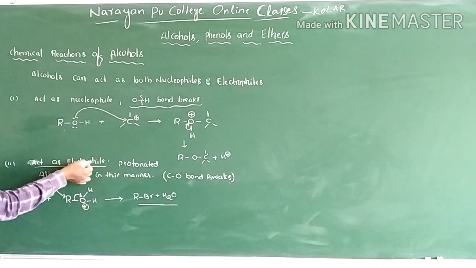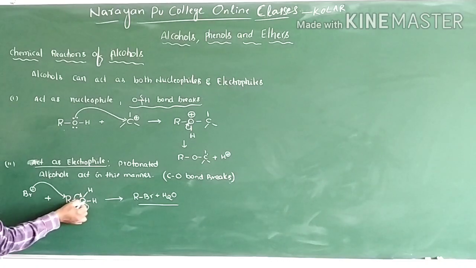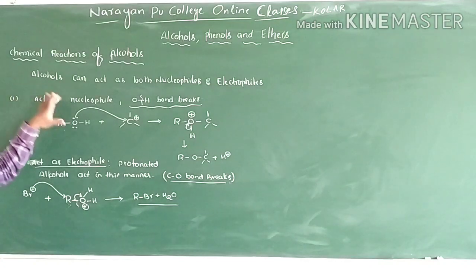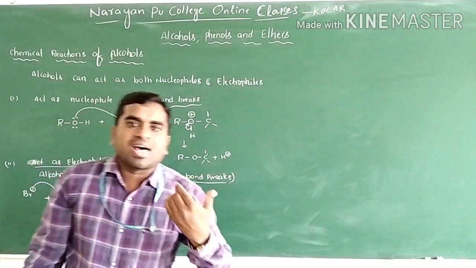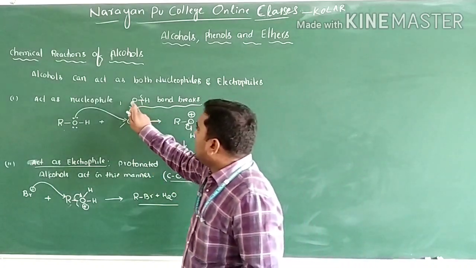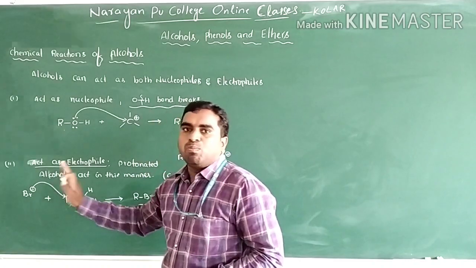So when it acts as an electrophile, the carbon and oxygen bond is breaking. So mainly when alcohols are involved in reactions, two bonds will break: one is the OH bond of the alcohol, another one is the CO bond.